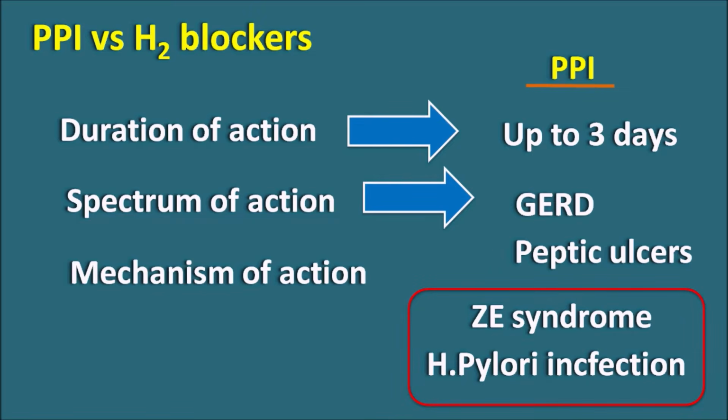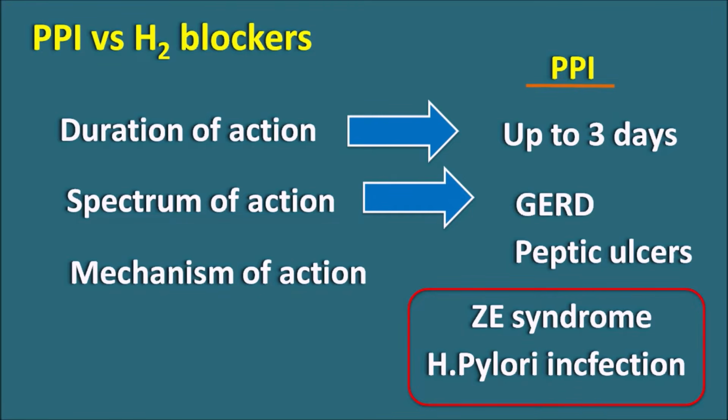So H2 blockers do not have a significant action in these two clinical conditions, and they are mainly used for the treatment of GERD as well as peptic ulcers. So here again the proton pump inhibitors show some advantage because they can act on all these four types of clinical conditions. And third one is the mechanism of action.